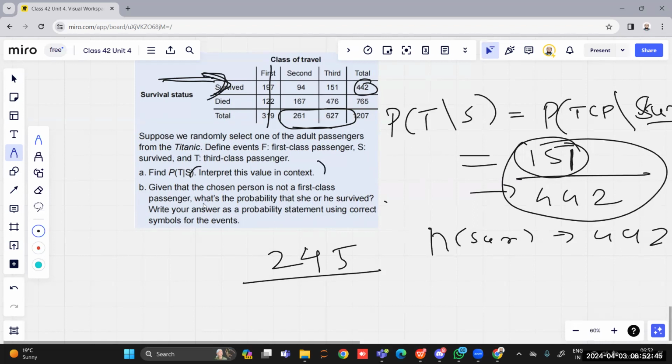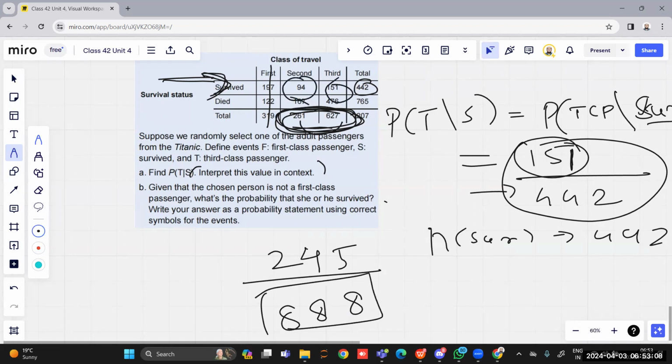So what we have to find first is the probability that she or he has survived. We have fixed the second and third class now, so we need to add this total. So this will be 888, and how many of them survived in the survived class?